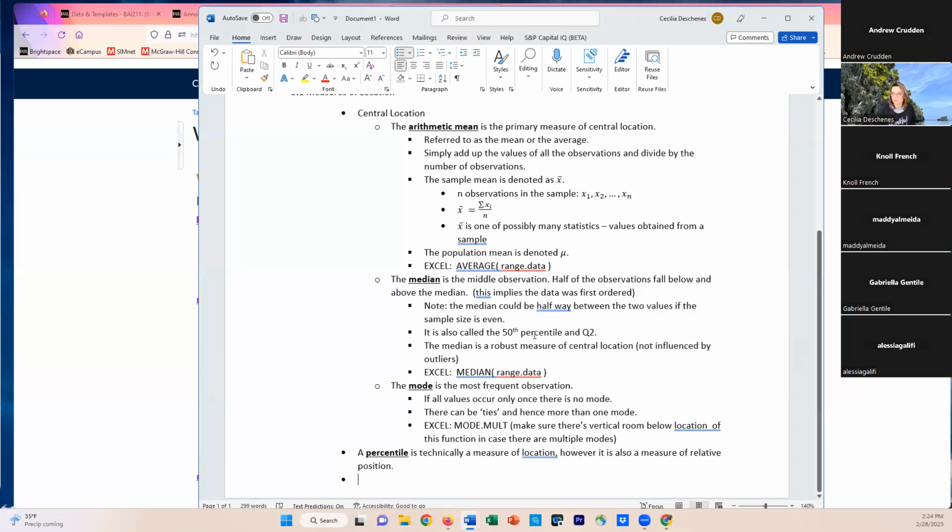So let me scroll up a little bit here. The pth percentile divides the values of a variable into two parts.